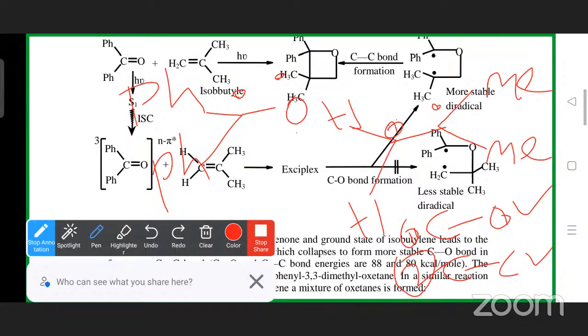Okay, here you see this side is a disubstitution. Two methyl groups are there. And on the left side you see there is no substitution, because both are hydrogens here. So can you tell me which carbon in the olefin is more stable after homolytic cleavage?